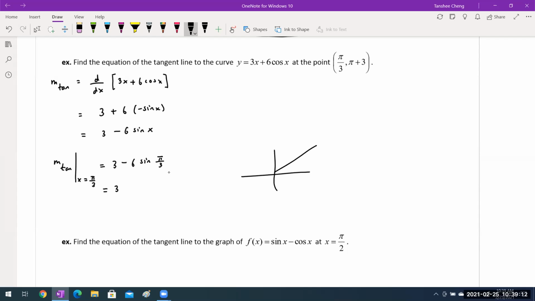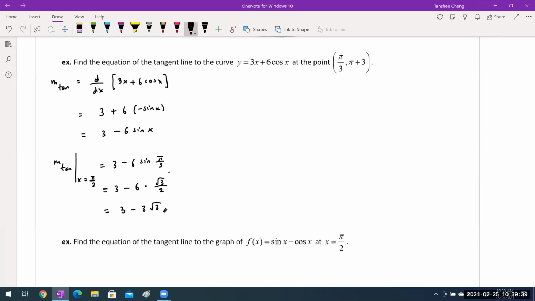Pi over 3 is what? 60 degrees, right? So that is what? 1, 2, radical 3. So sine of pi over 3 is radical 3 over 2. Therefore, I got 3 minus 3 radical 3. That's my slope.